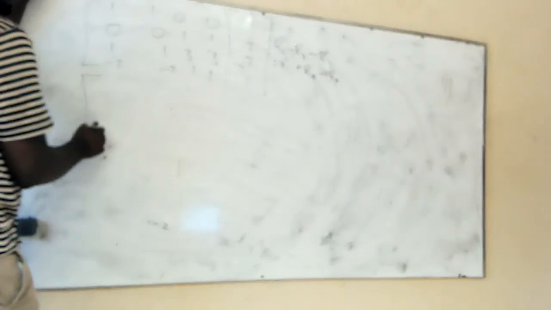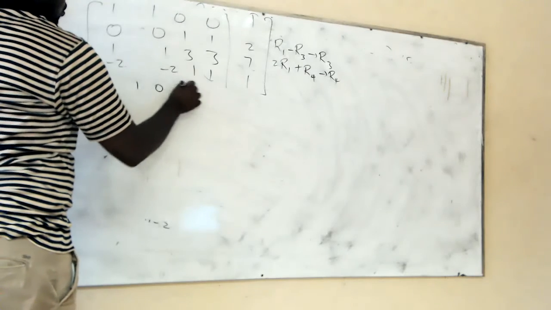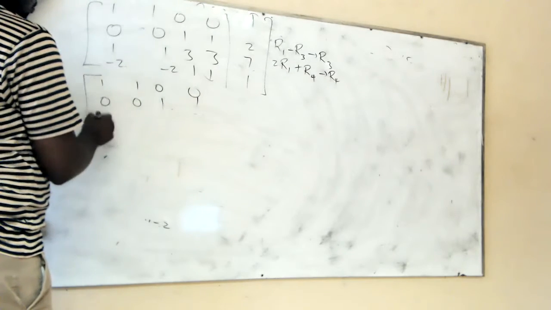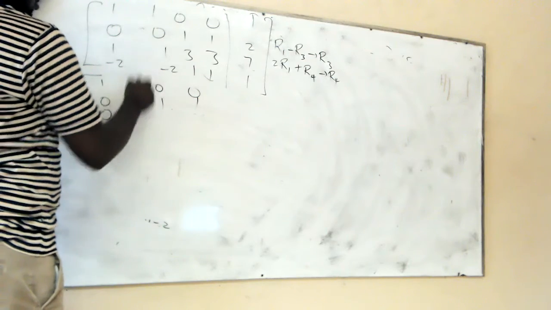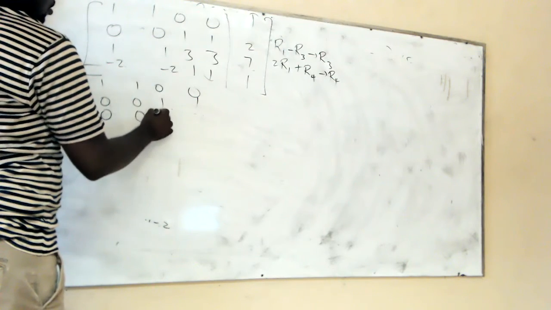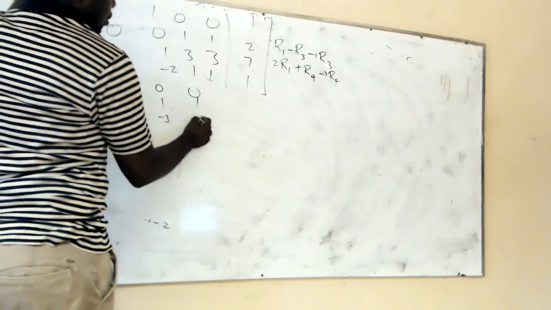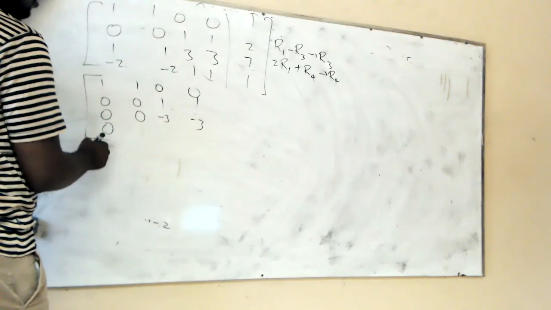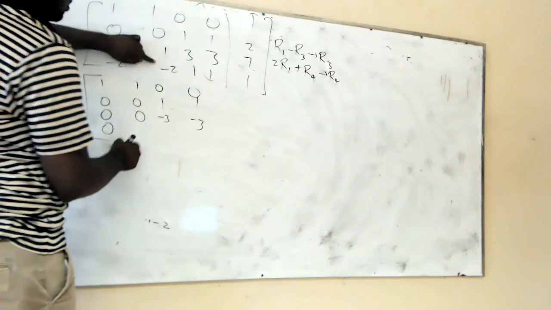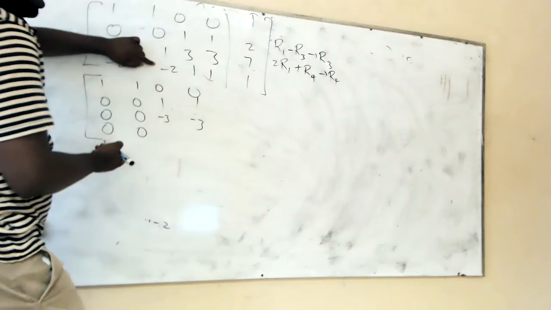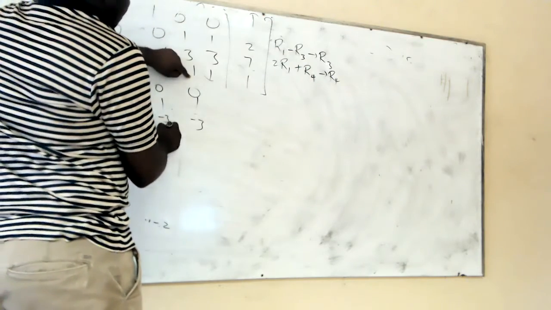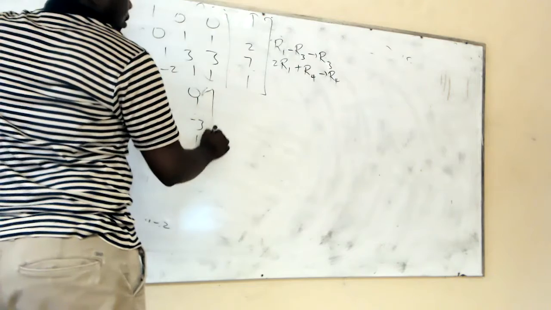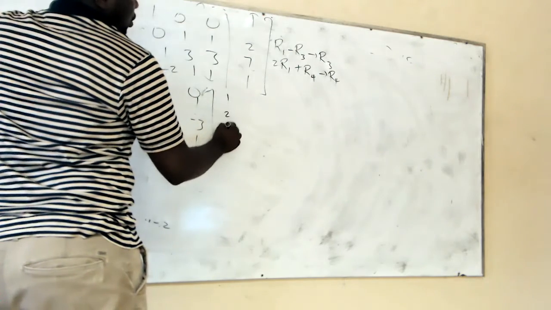So it's 1 1 0 0, 0 0 1 1, it could be 0 0 negative 3 negative 3, and then here it's going to be 0. So it's 2 plus this, which is 0. Fortunately, this plus this is 1 1, and then we have 1 2 7 1.